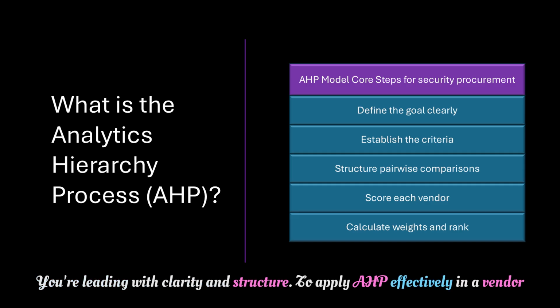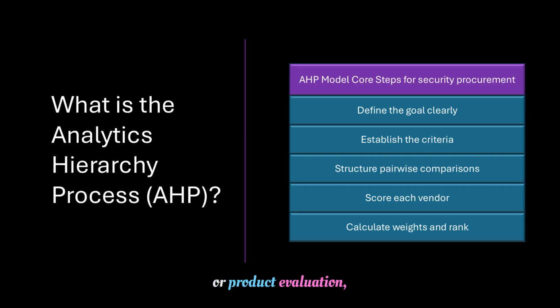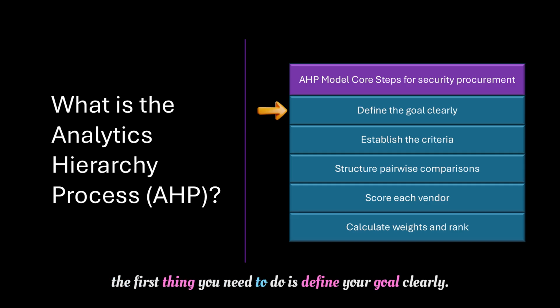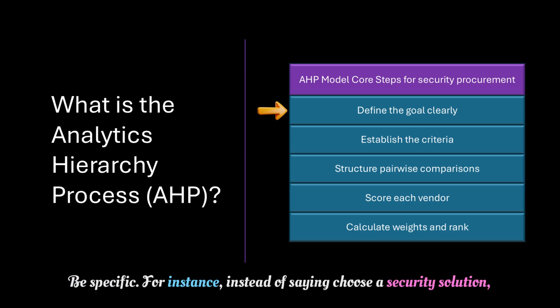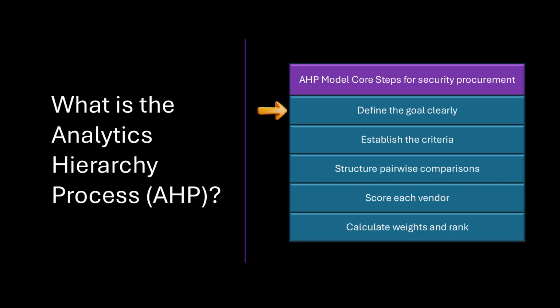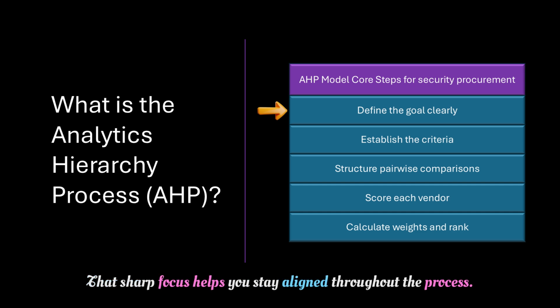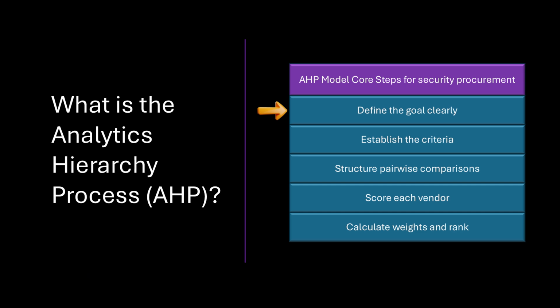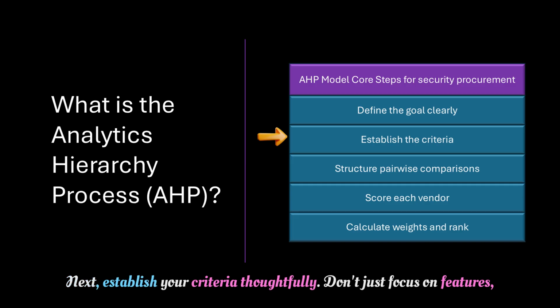To apply AHP effectively in a vendor or product evaluation, the first thing you need to do is define your goal clearly. Be specific. For instance, instead of saying, choose a security solution, say, select the best CASB vendor for our multi-cloud environment. That sharp focus helps you stay aligned throughout the process. Next, establish your criteria thoughtfully.